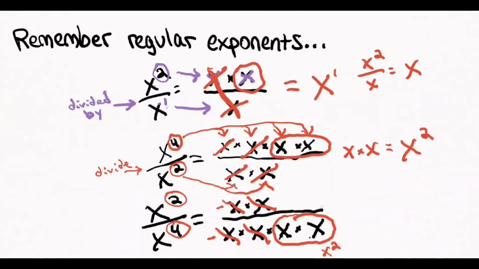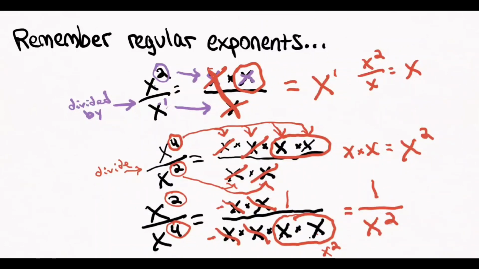The other ones have been on the top. So we have to keep that on the bottom side of that bar. So that's going to be 1 over x to the second, because, of course, there's an invisible 1 up here. When there's no number, you can just count that as an invisible 1.